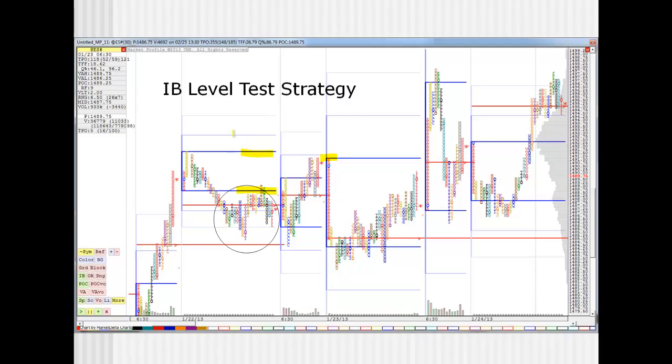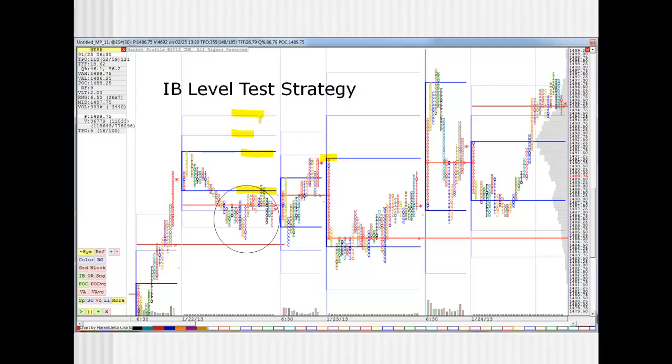I have highlighted and pointed out the 150% and the 200% lines, but now I'm going to point out to you that not only do those levels give us potential targets and then continue on to possibly function as points of support or resistance in the market, they too can be used for our IB level test strategy.